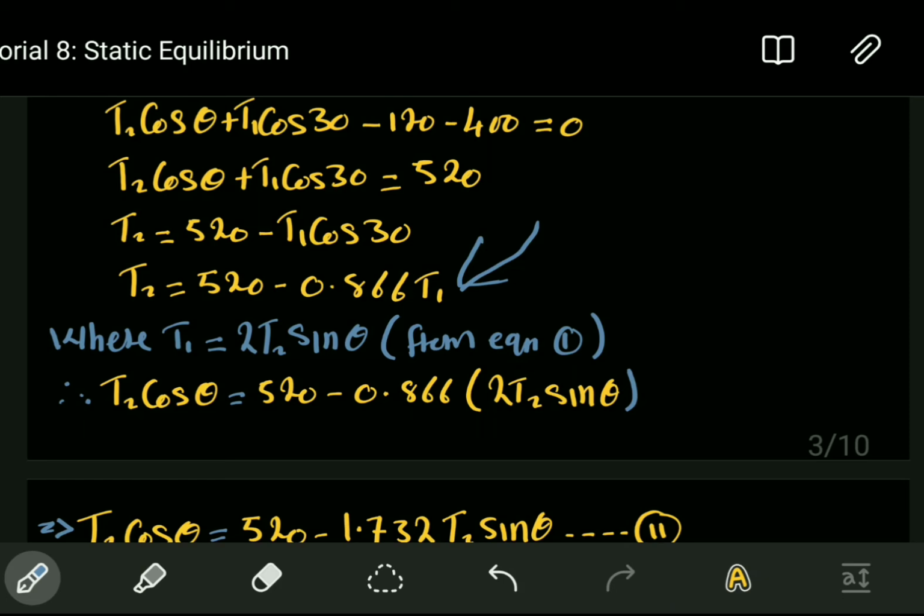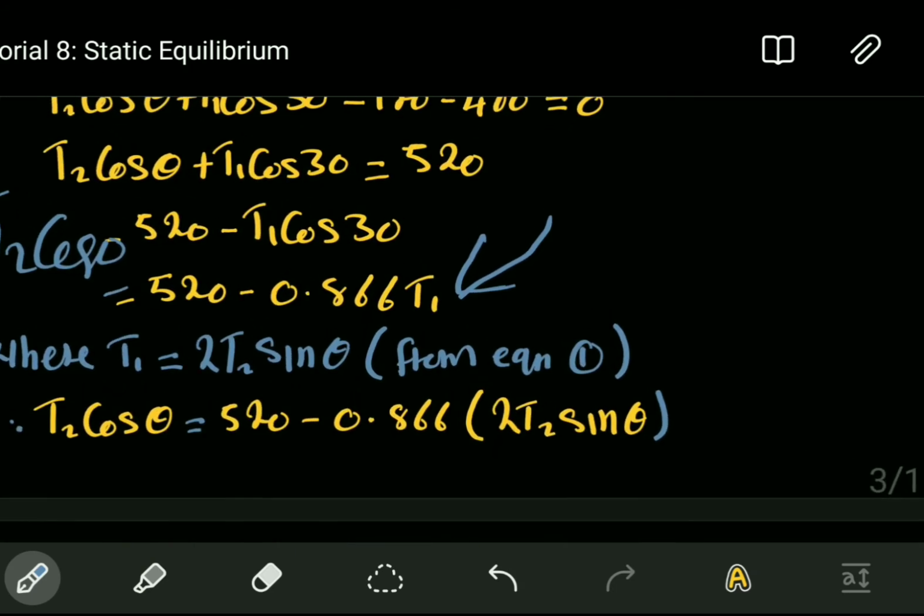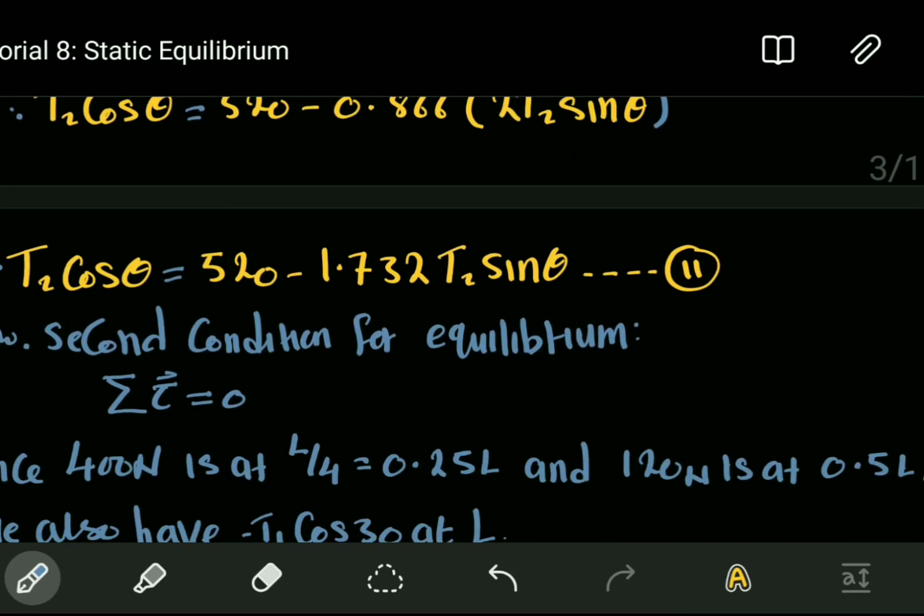This is not supposed to be T2 only. It is T2 cos 30. I can make that correction. All right, the same happens here, T2 cos 30. So we proceed. Therefore we have equation 1 and we have come up with equation 2 from those.